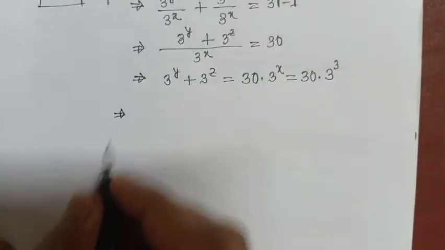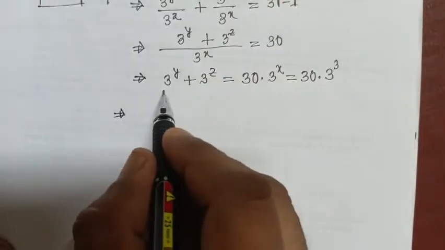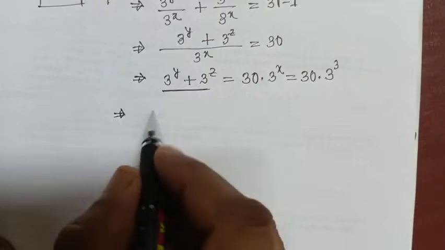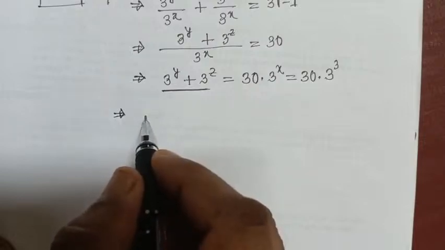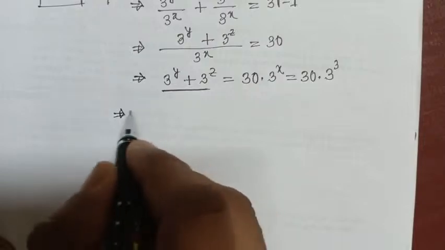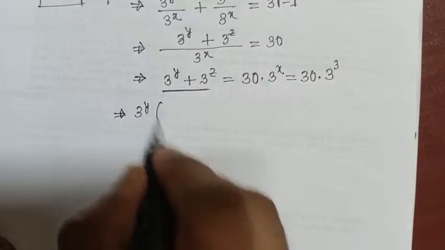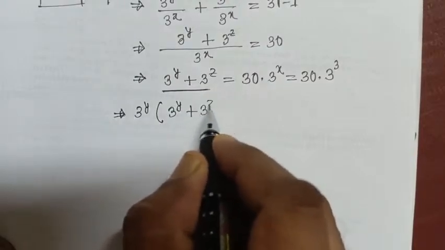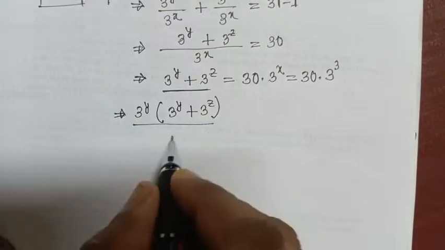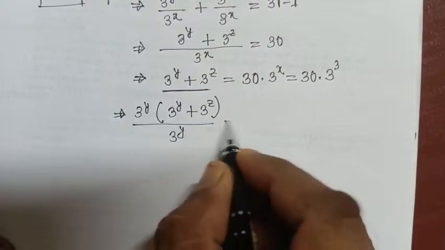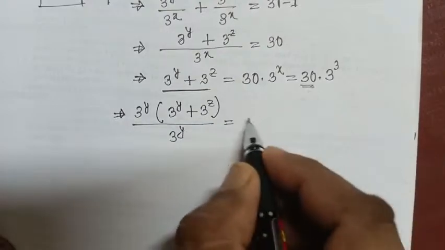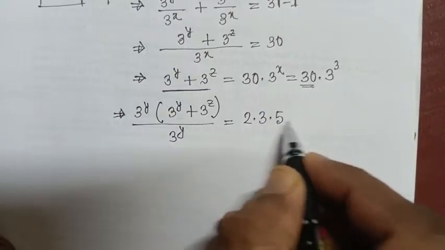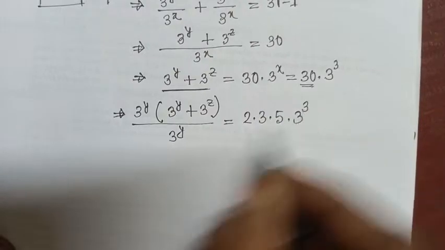Now again we multiply the left hand side by 3 to the power y and also divide by 3 to the power y, so we get 3 to the power y into 3 to the power y plus 3 to the power z by 3 to the power y is equal to, and 30 can be expressed as 2 times 3 times 5, into 3 to the power 3.